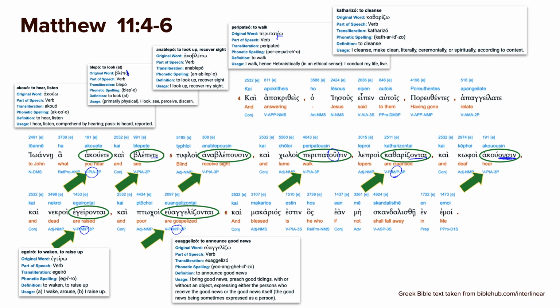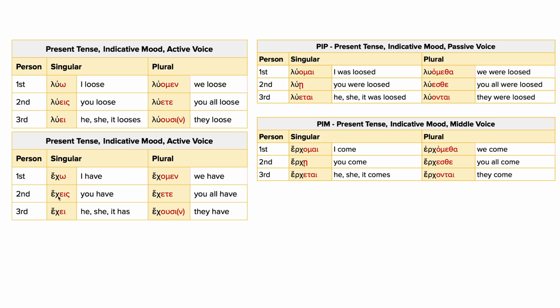All right, let me give you a little bit of an overview of these various forms. So we have our favorite simple verb, luo, I loose. So we're going to start with luo, lueis, luei. That means I loose, you loose, he or she or it looses. Luomen, luete, luousin.